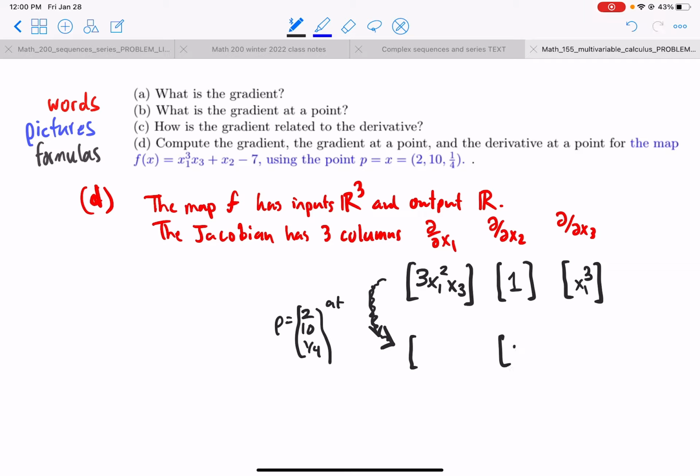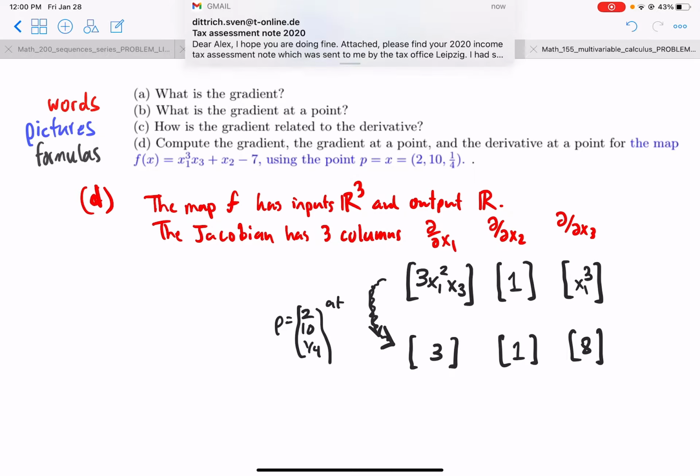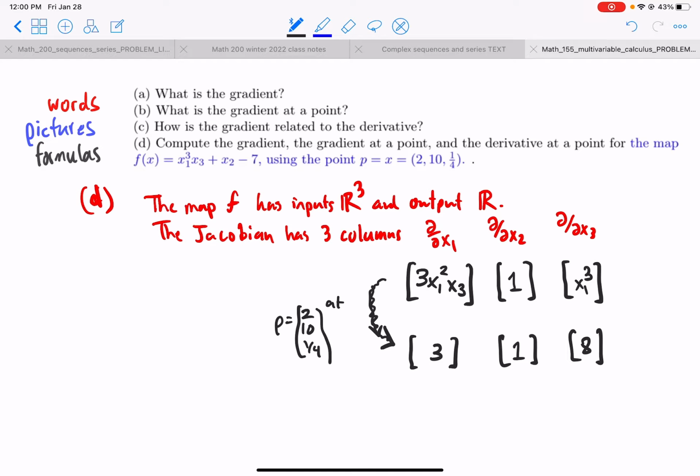Okay, this one is easy to plug in. Now, x1 is 2, so this becomes an 8. And 2 squared is 4. 4 times 3 is 12. 12 divided by 4.